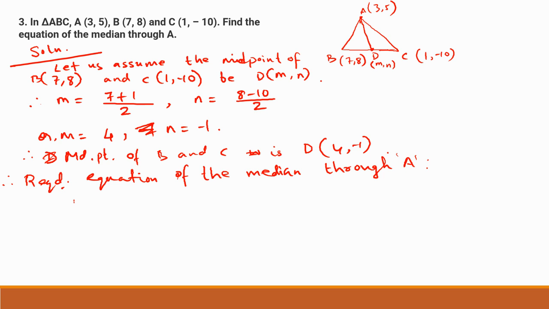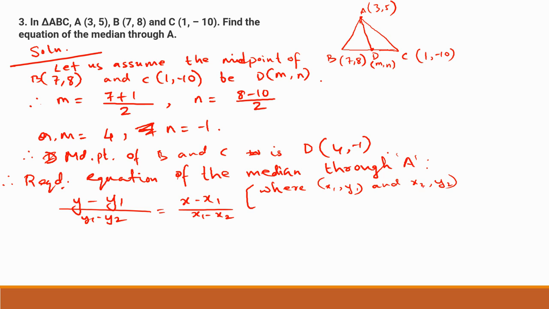What will be the required equation? It's the two point formula. You all know (y minus y1) divided by (y1 minus y2) equals (x minus x1) divided by (x1 minus x2), where (x1, y1) and (x2, y2) are two points on the straight line, on the median through A. Or you can write on the straight line which is a median through A. That way also you can write.